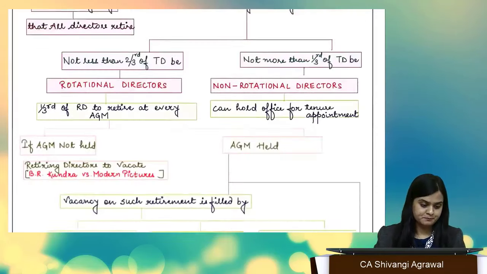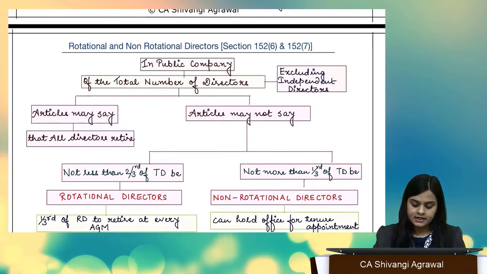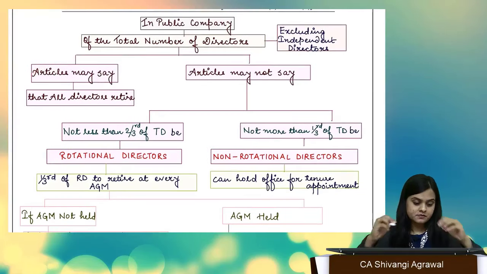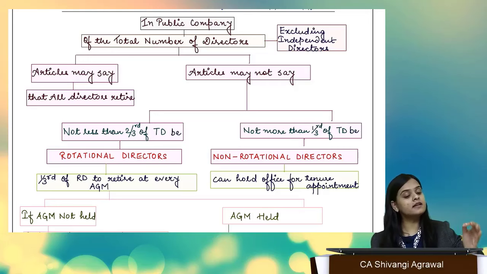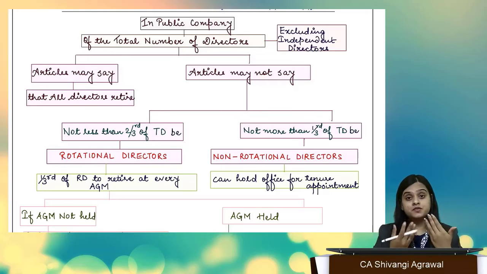Okay, fine ma'am. Now there is one more point over here. What does it tell us? See, some public companies may say that no, we want a transparent vision in our company, and we want all our directors to retire at every AGM. So all the directors retire, someone who's good comes back, and the others leave the company.